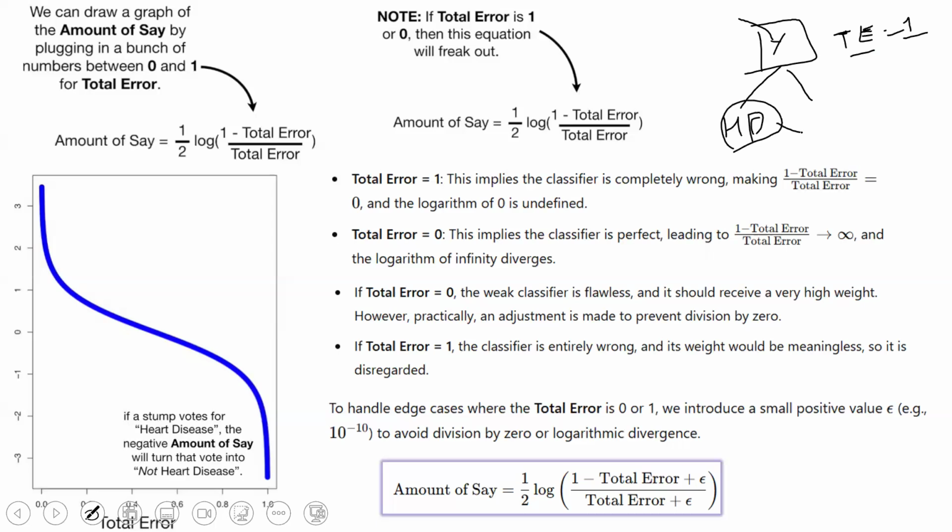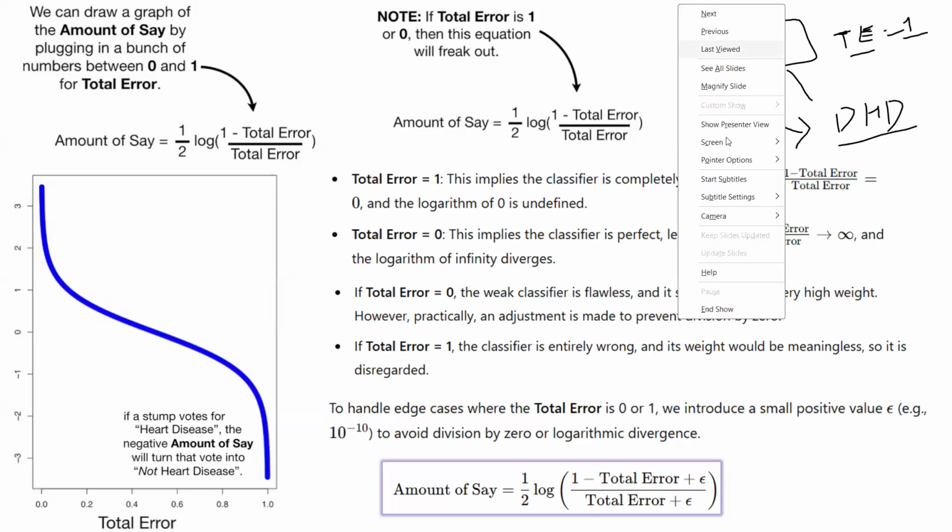I need to understand this as the patient doesn't have heart disease, right? That is what negative amount of say actually indicates. When there is a negative amount of say, the prediction would be the reverse of the actual prediction made by this stump.